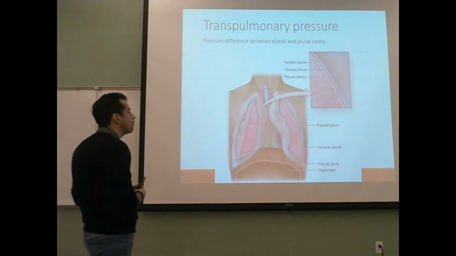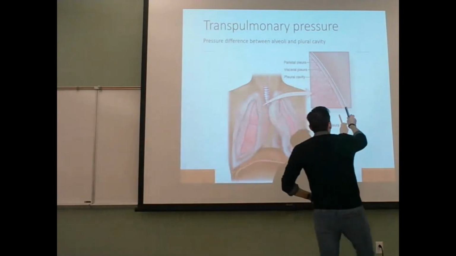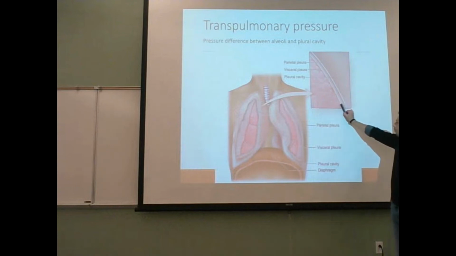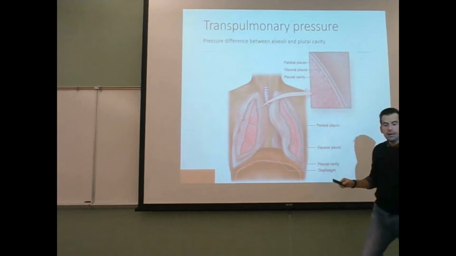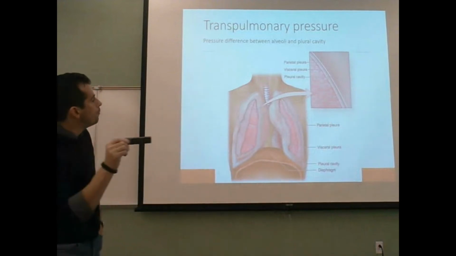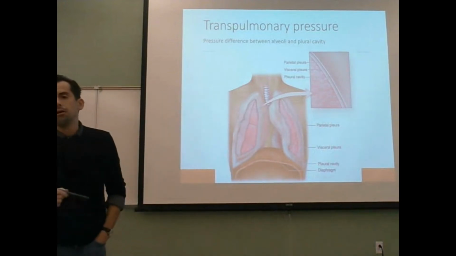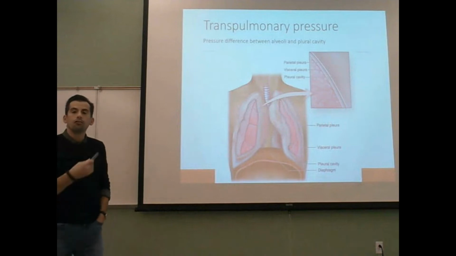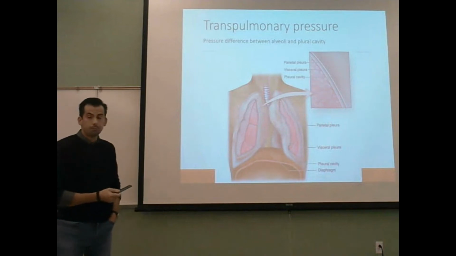Remember when we looked at our pleural cavity before, we had our visceral pleura sitting right on the lungs. We had our parietal pleura sitting out from it, adhered to the inside of the rib cage, and the pleural cavity is just the space in between. You should know what we find inside that pleural cavity. We find a serous fluid. These are fluid-filled cavities.